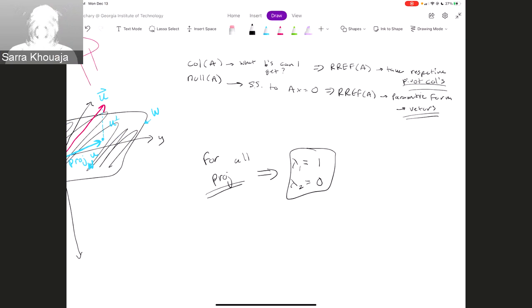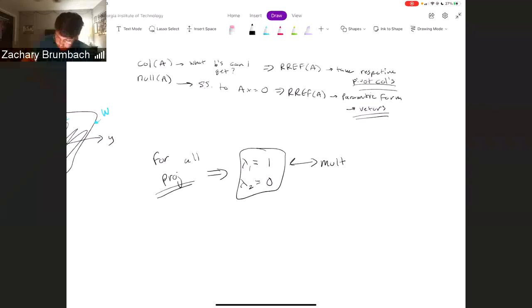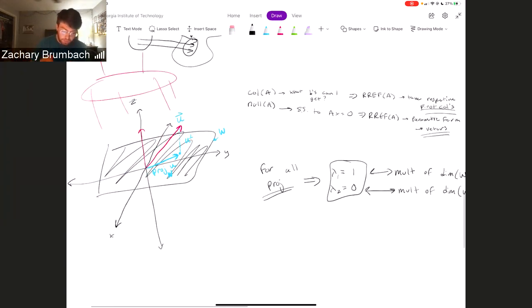The multiplicity totally depends. Your multiplicity of 1, this is algebraic because they're eigenvalues, is the dimension of W. And whatever is being shoved to 0 has a multiplicity of the dimension of W perp. So going back to this example over here, your space and the space orthogonal to it should always add to the total space.